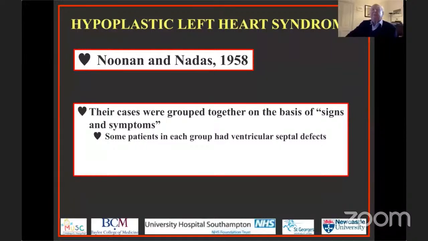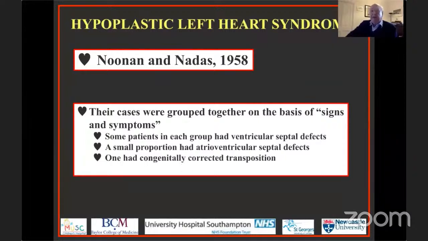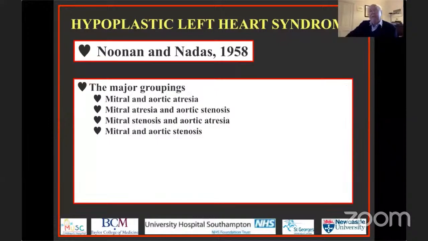What is key is that when they grouped their hearts together and coined the term hypoplastic left heart syndrome, some patients in each group had a ventricular septal defect. Indeed, 1 or 2 of them had atrioventricular septal defects, 1 had congenitally corrected transposition, but the greater majority presented with what now we would call severe coarctation. And I'm not sure any longer we would be grouping those as having hypoplastic left heart syndrome.